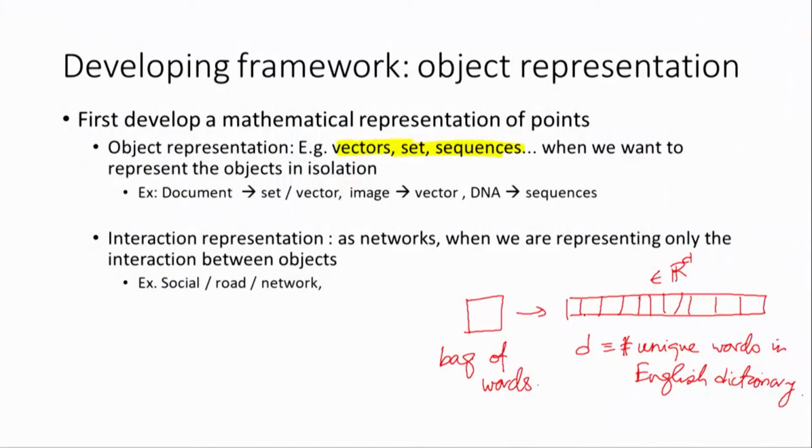Or whether these two people, if the original data is people, are talking to each other. This is known as the interaction representation. And this is where we need to go from a collection of individual objects to notions of graphs, hypergraphs, weighted graphs, whatever you want to call them, and we'll touch upon some of these.